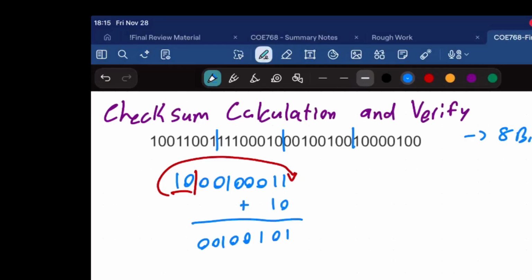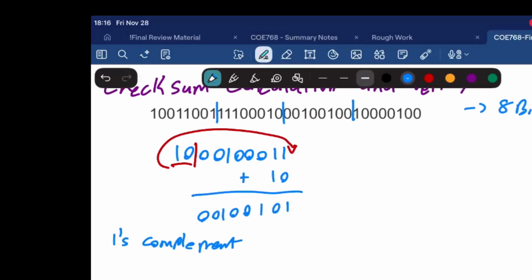Okay. So this is our value that we will now take a ones complement of. And our outcome would be 1, 1, 0, 0.